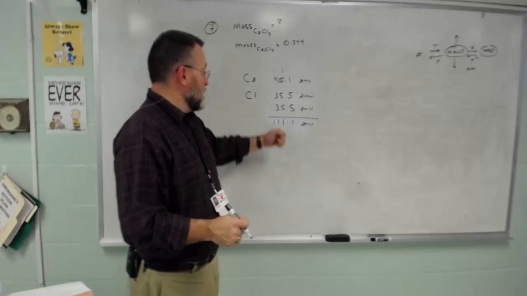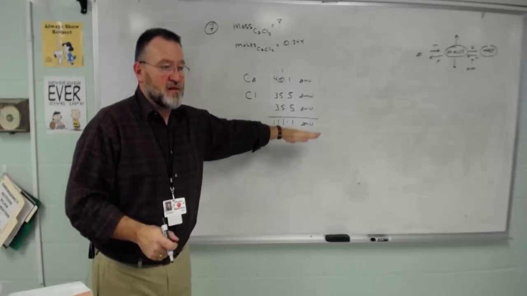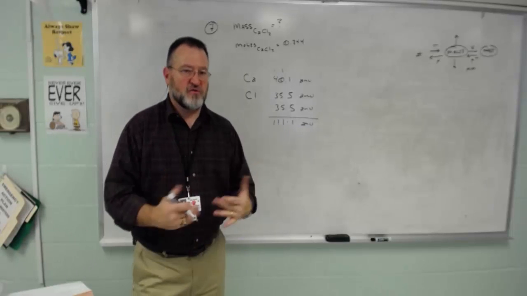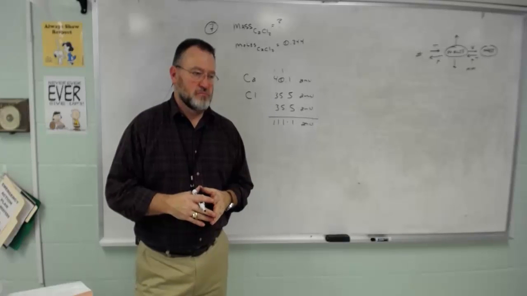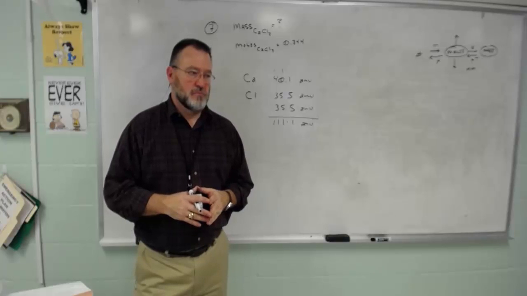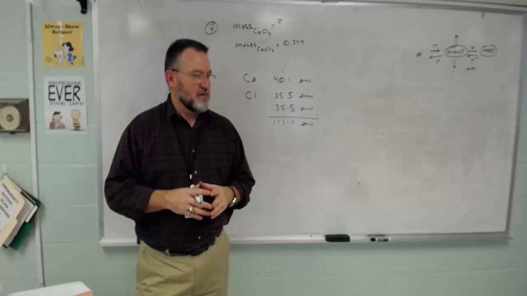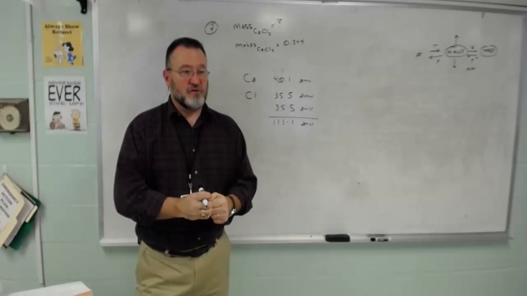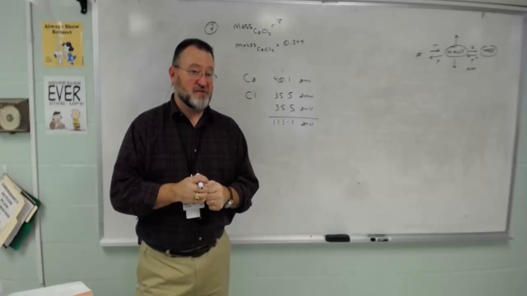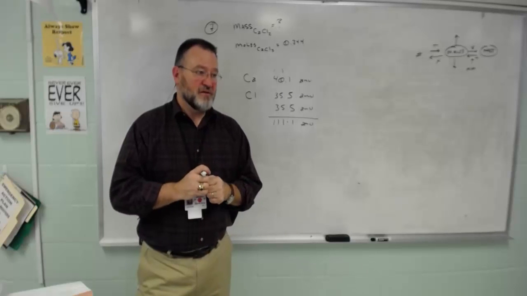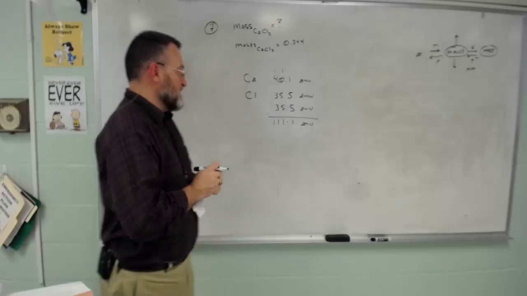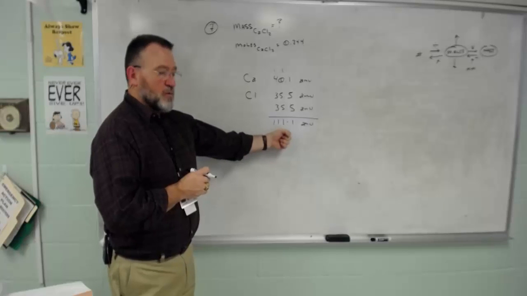Because I know the mass of one molecule, what do I also know? In terms of mass, if I know the mass of a molecule, I also know the mass of a mole of the molecule, right? The mass of the molecule is 111.1 AMU.